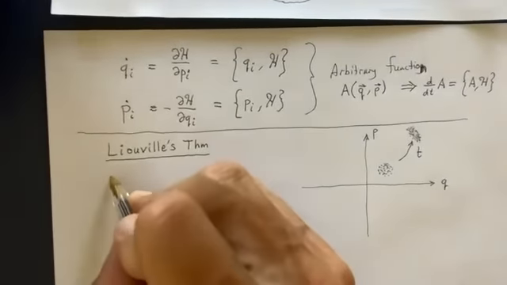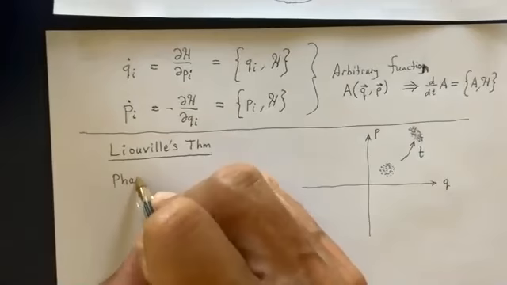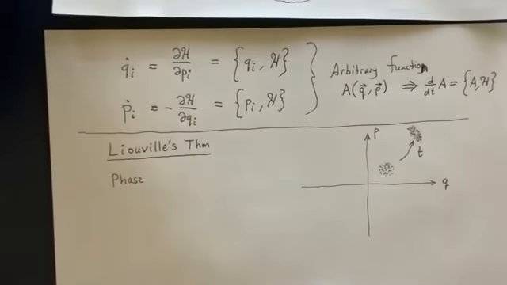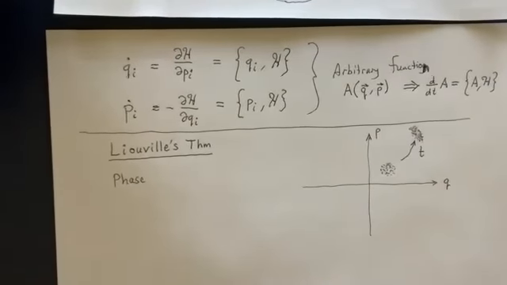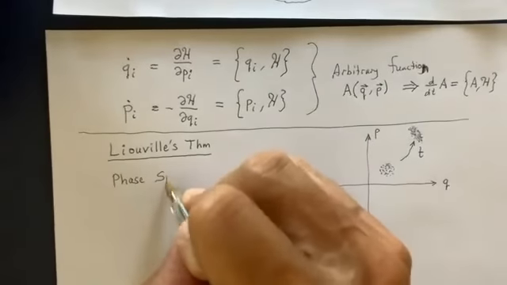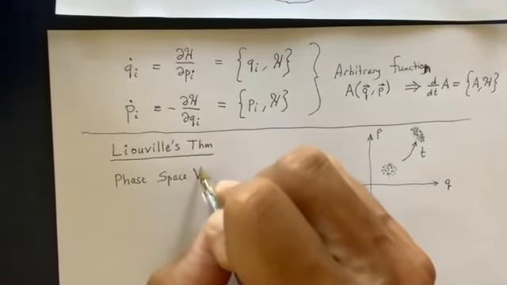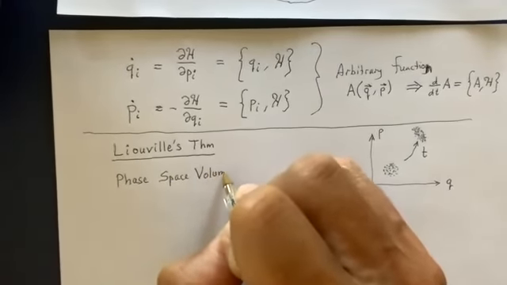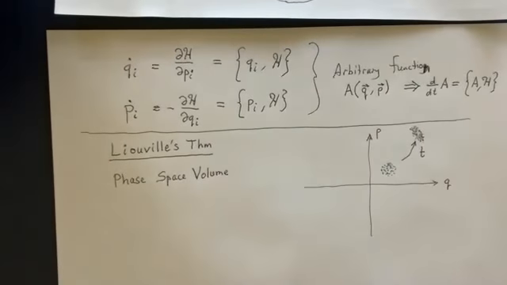So here's the statement. The phase space volume. Remember earlier today we talked about area. That was a special state of affairs for 1 degree of freedom. Really the most general case is a phase space volume. So the phase space volume is constant under time evolution.